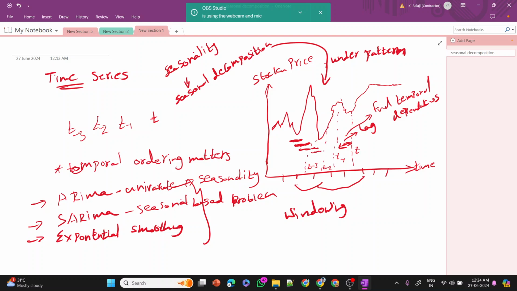Like this, the window function takes some portion of the time period, also considers the previous time period, analyzes the pattern of every time period, and then predicts the time-based problem depending upon the previous experience.